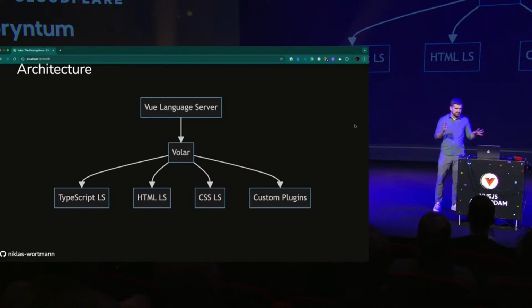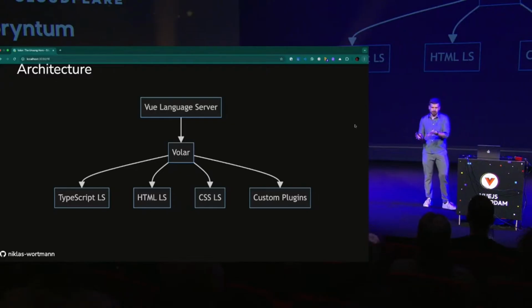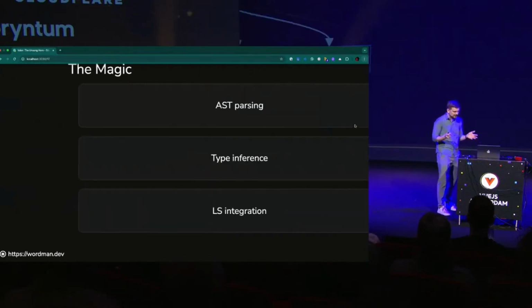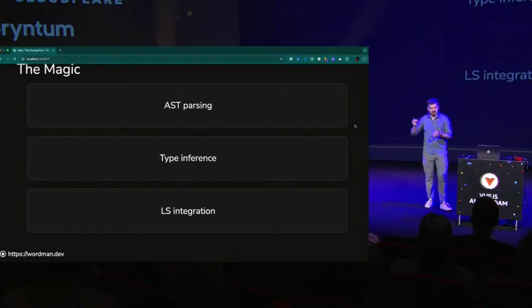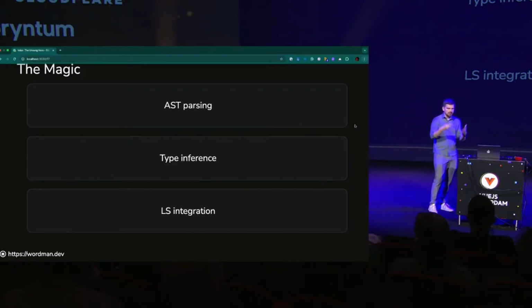You can also have custom plugins if you want, but that's a different detail. So the Vue language server is really just a thin layer on top of Volar, if you want to think about it like that. The important thing that the Vue language server does is the parsing of the single file component, and then it provides all those to VS Code, WebStorm, whatever, Neovim if you like.